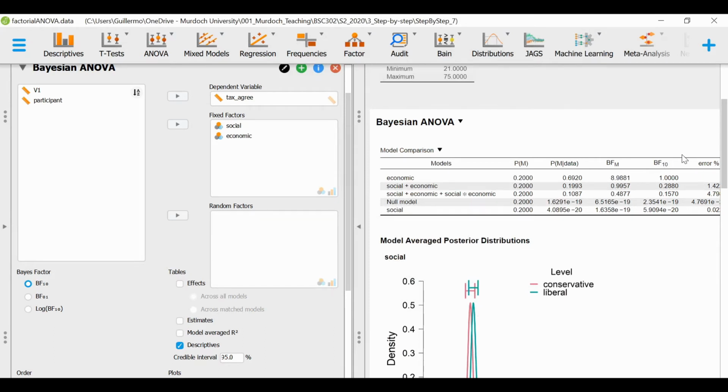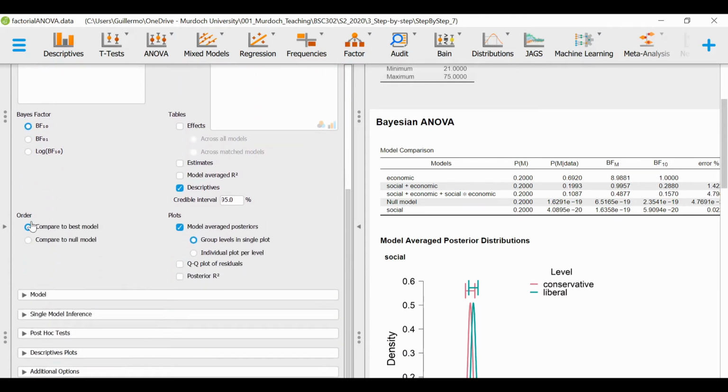BF10 means different things depending on what we tick here.